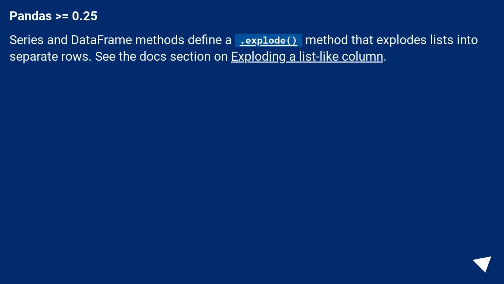Pandas greater than or equal to 0.25: Series and DataFrame methods define a .explode method that explodes lists into separate rows. See the docs section on exploding a list-like column.